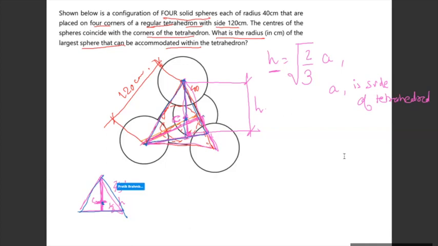Now, if I take the radius as 1/3 of the height and draw a circle around it, the circle will touch all the edges of the triangle, which means the circle will be inscribed within the triangle.